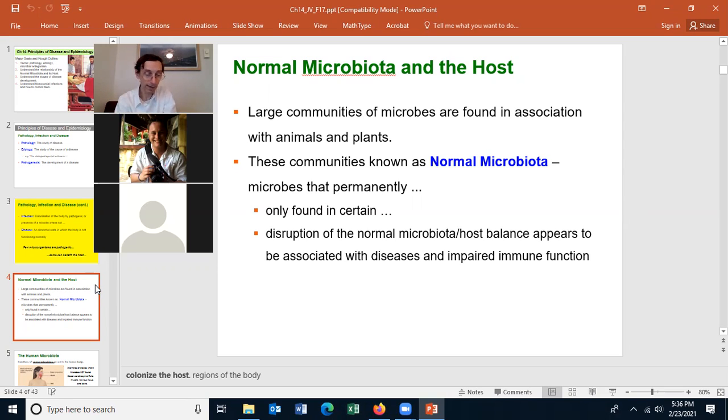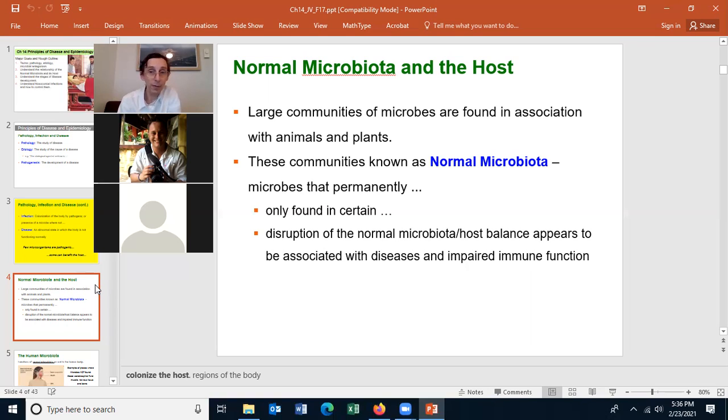Staphylococcus epidermidis, to my knowledge, is only found on the skin and maybe in the oral mucous membranes, but mainly on the skin. It is not found in the intestines, at least I don't think it is. Any questions about that?